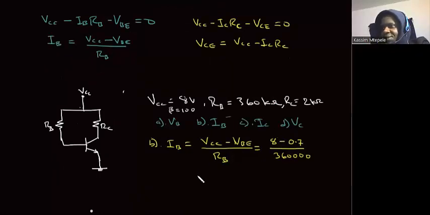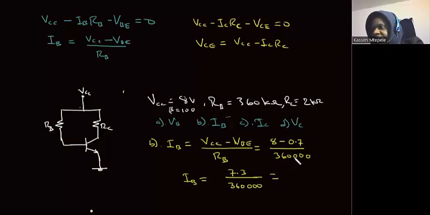So from there, I can see that IB equals 7.3 over 360 kilo. This will give 20.3 microamps. So we have already calculated part B.